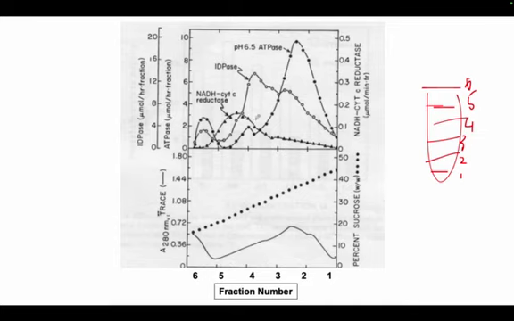IDPase has come mostly in the fourth fraction, and this NADH cytochrome C reductase has come mostly in the fifth fraction. Okay. So here they've used it to separate three different proteins. They used a sucrose gradient from 20% to 45%, and that has allowed us to separate these proteins just on the basis of their density.